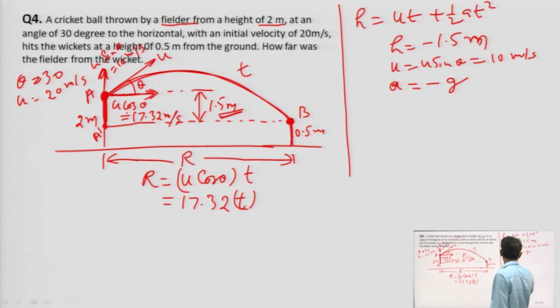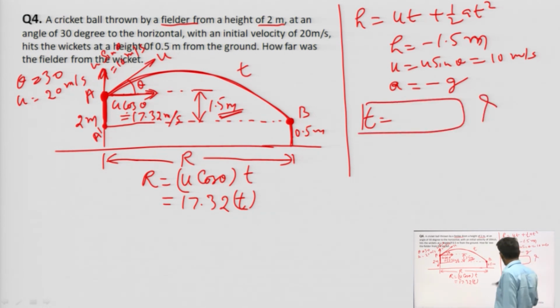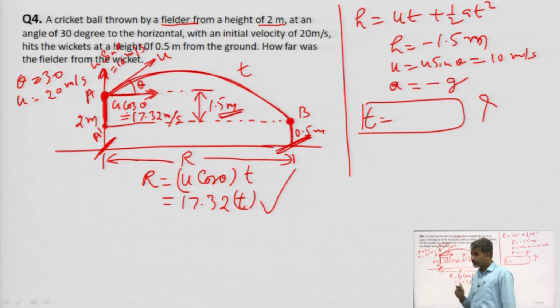So, by putting in the values, we will get a quadratic equation in terms of t. We can calculate the value of t, and by putting the value of t here, we can find this length, the horizontal distance of the wicket from that player.